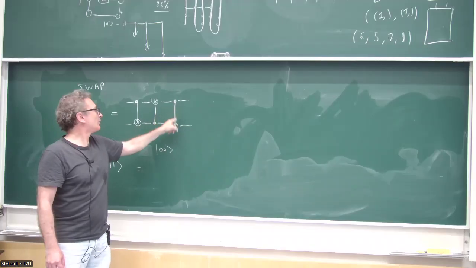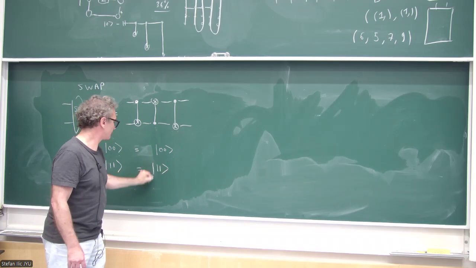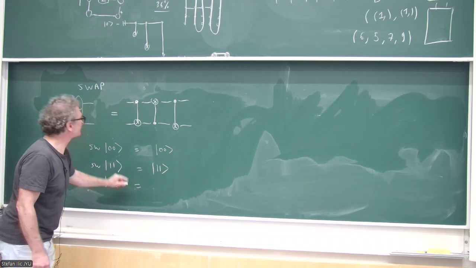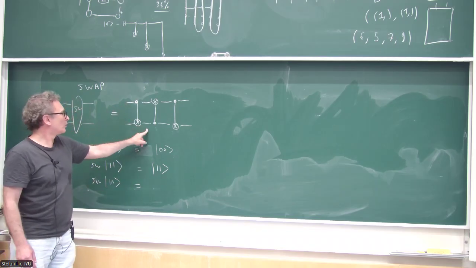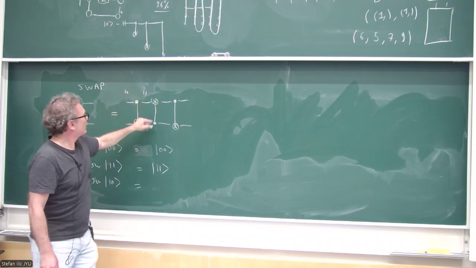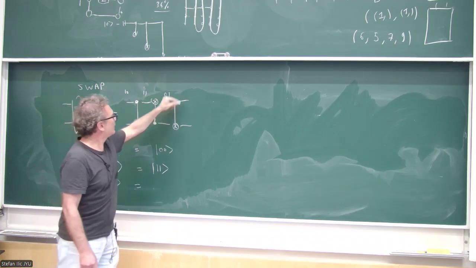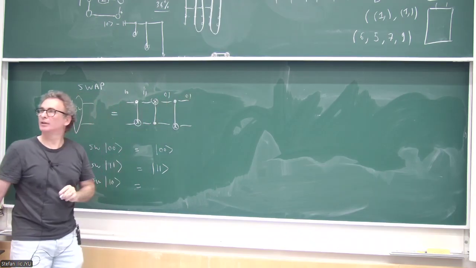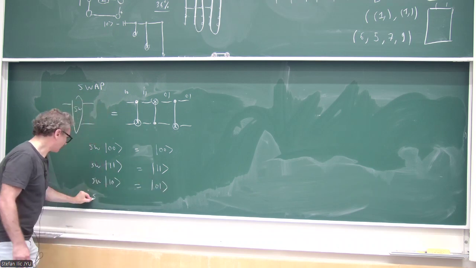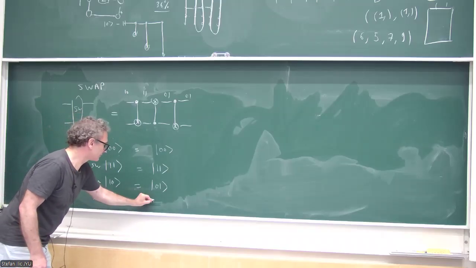And then it's 1, 0, which means it goes to 1, 1. 1, 0 goes to 1, 1. Then control is 1, so I go to 0, 1. And 0, 1 means I stay in 0, 1 because the control is the 1, 0 go to 0, 1. And 0, 1 goes to 1, 0.